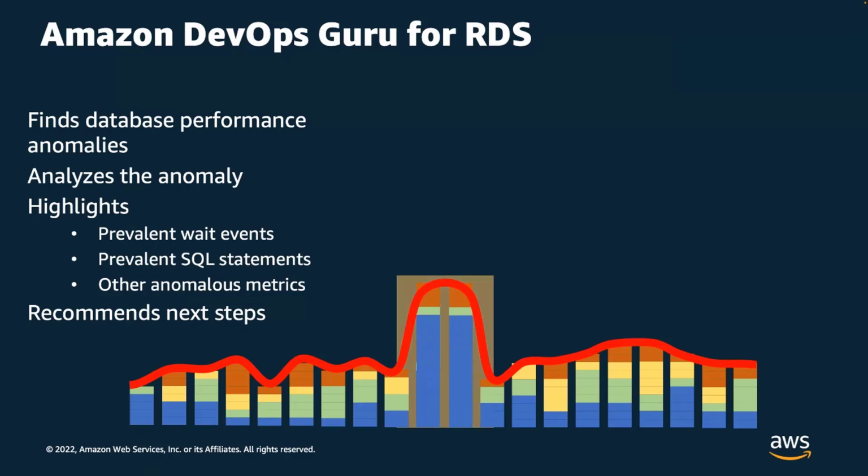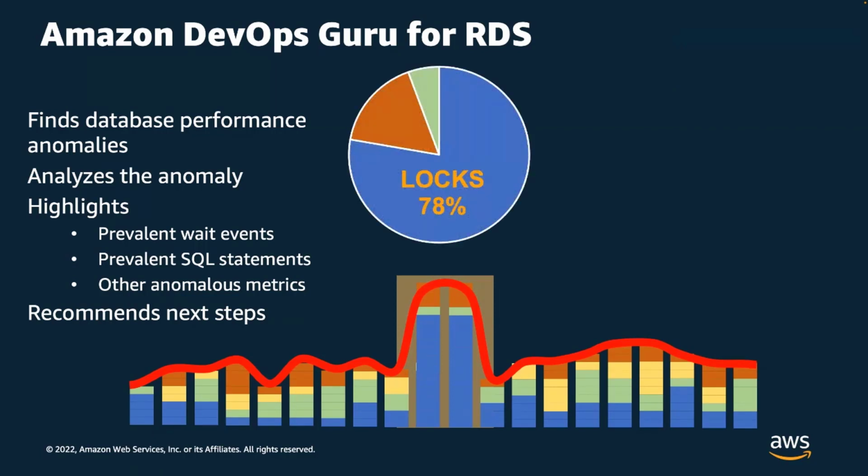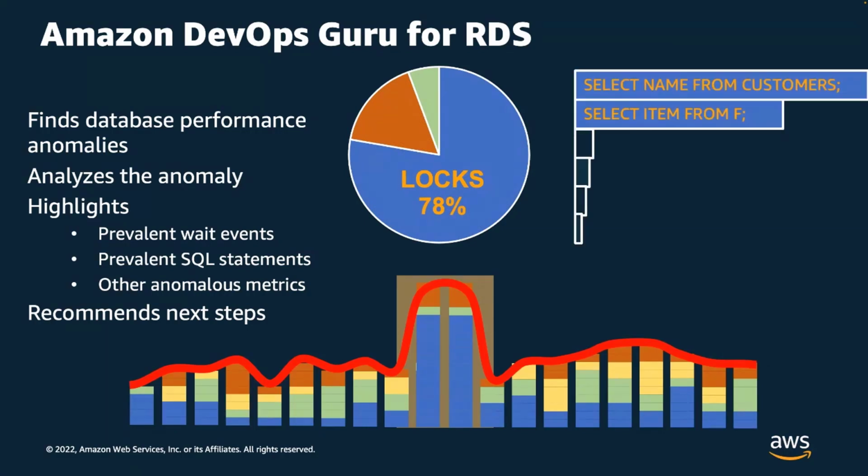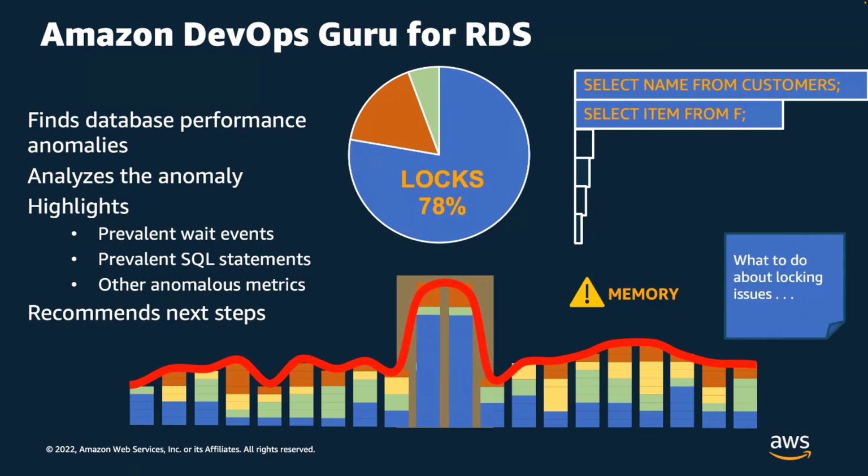Just some of the conditions that DevOps Guru can highlight are database wait states, also known as wait events, that are creating bottlenecks for users. The top SQL commands that are being sent to the database by the application and that are contributing chiefly to the anomaly. Any other notable metrics like memory pressure and I/O that might also be contributing. Finally, DevOps Guru for RDS suggests what you can do next to address the issue.